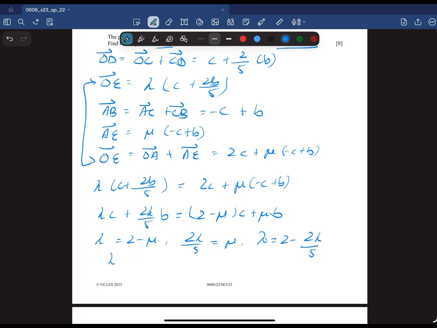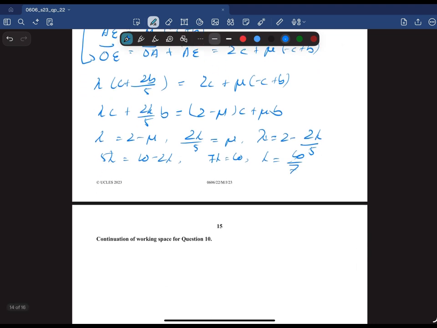Solving for lambda, we get 5 lambda equals 10 minus 2 lambda, and 7 lambda is equal to 10, and hence lambda is equal to 10 upon 7. Solving for mu, mu is equal to 2 into 10 upon 7, divided by 5, that is 4 upon 7.